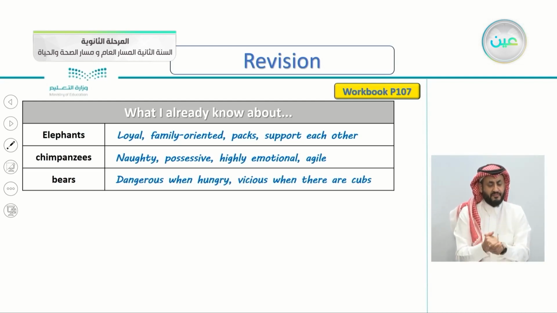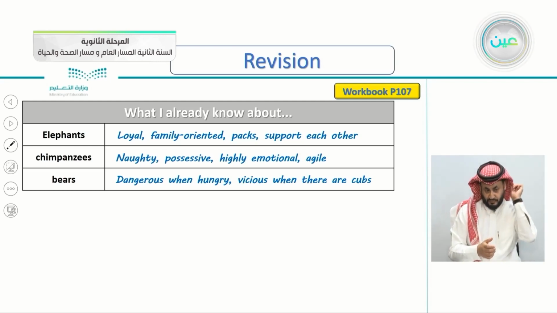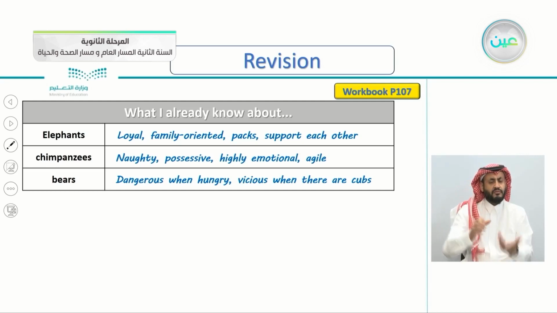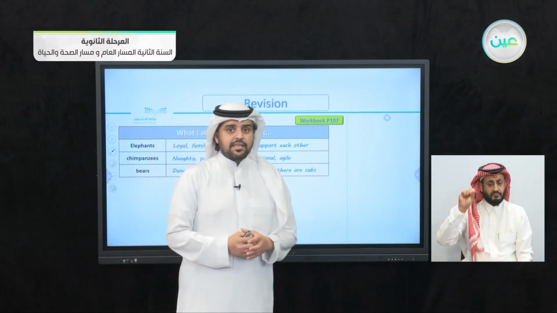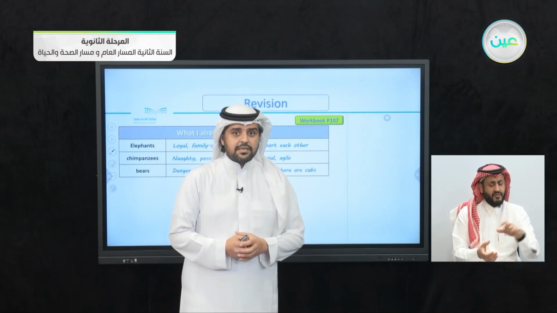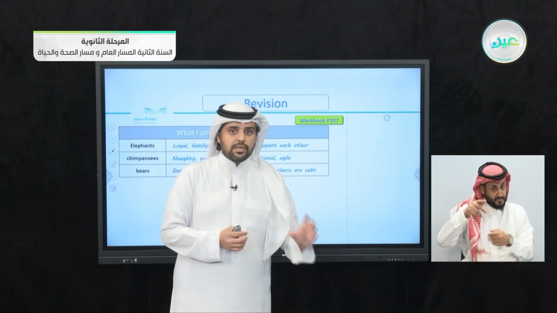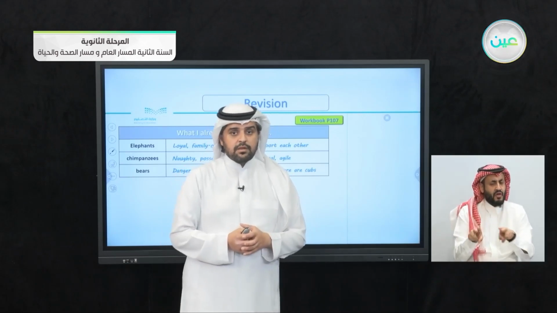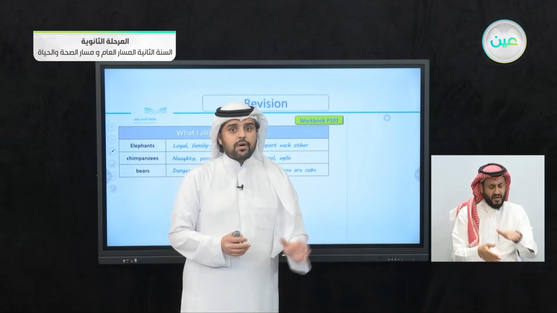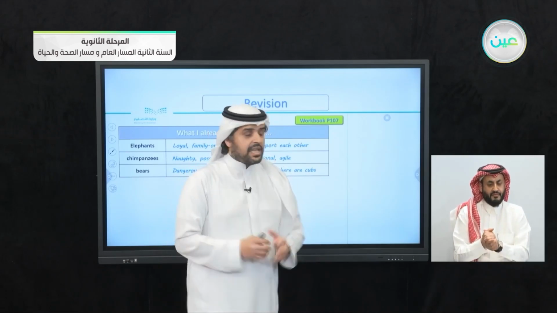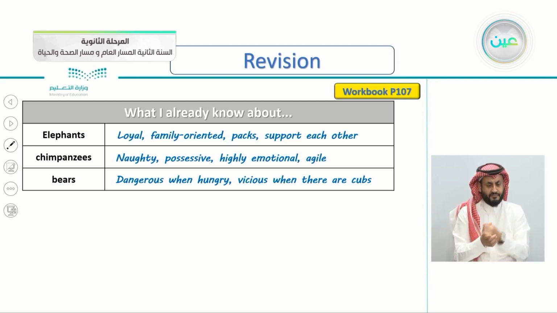So what do you mean by cubs? Yes, cubs are small bears. You can mistake it for the word cups, but that one is with P. This one is with a B. So cubs, if you see a bear and his cub, move away because he can be very dangerous. So dangerous when hungry, vicious when there are cubs.